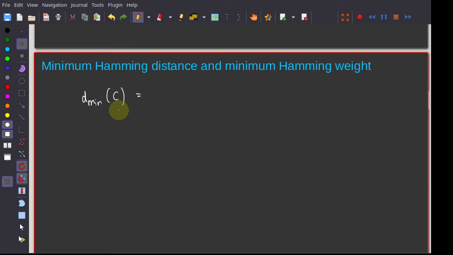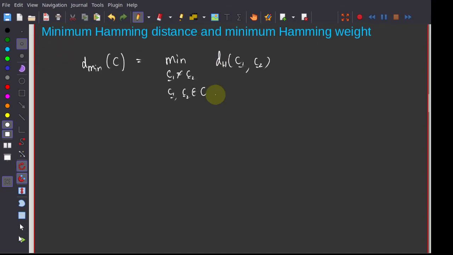Okay, what if it is not F2? So by definition, this is the minimum Hamming distance. So it's a minimum among all unequal code words of the Hamming distance between the two code words.